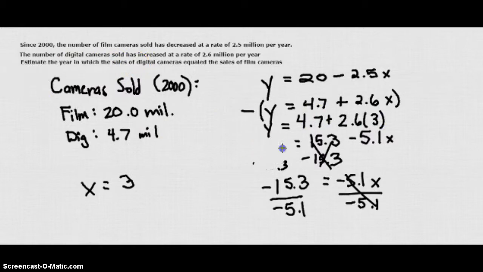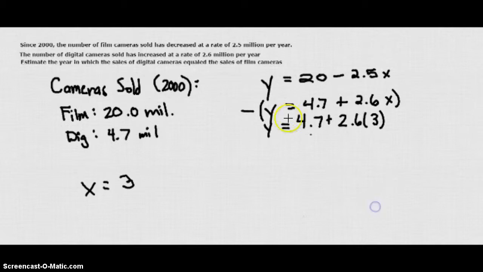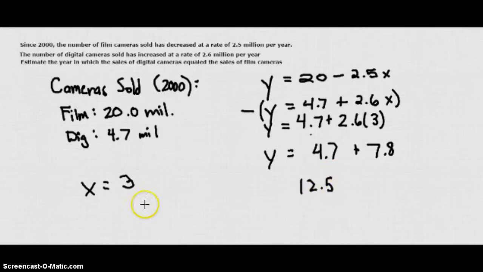And now we'll solve for y using that x of 3 years. So we get y equals 4.7 plus 2.6 times 3, which is going to be 7.8, or 12.5 million cameras sold. But we just wanted to know the year, but it's helpful to know that that's the year that 12.5 million cameras sold.